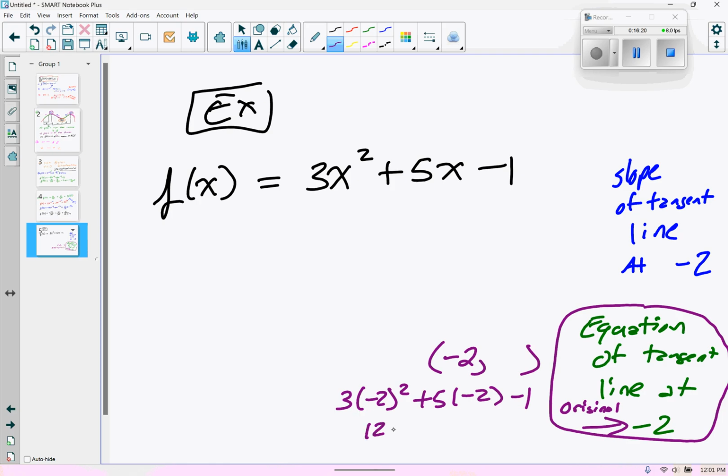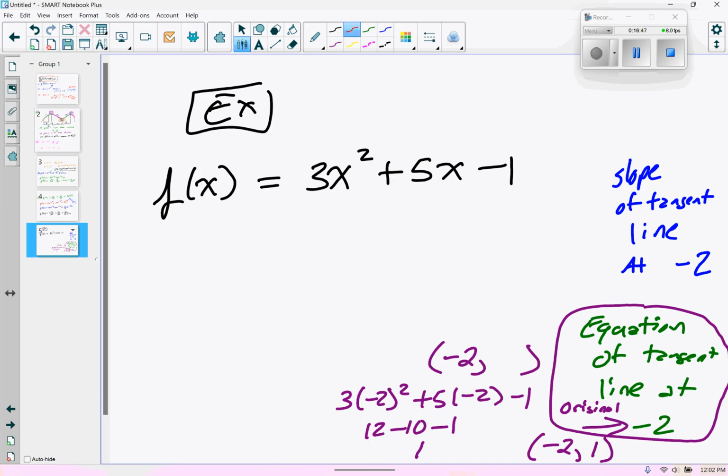So that's going to give me 12 minus 10 minus 1. So that's going to give me just 1. So this means the point -2 comma 1 is a point on our original graph. We're going to save that for a moment. Okay, does that make sense?